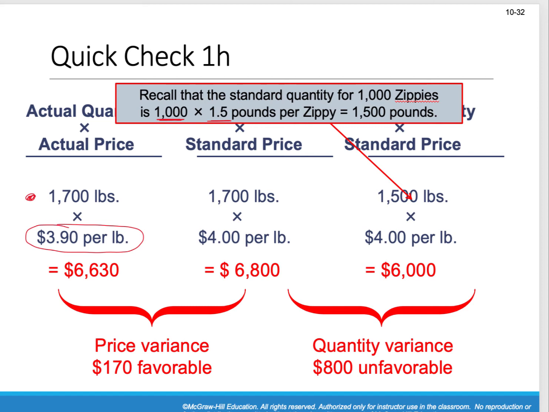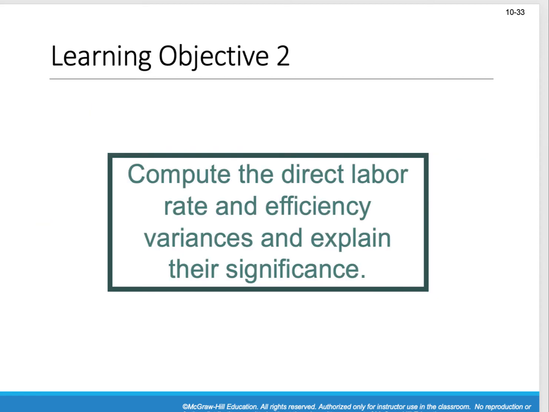Okay, now we have to compute direct labor rate and efficiency variance and explain their significance. Guess what? If direct materials price and quantity variance made complete sense to you, this next part is going to be a breeze.